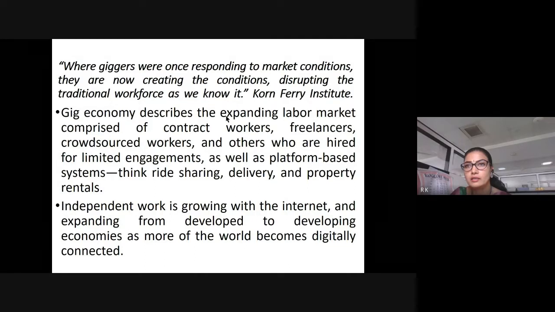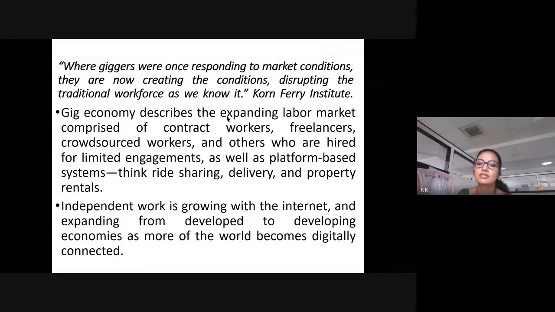And at the outset, what I wanted to share with you is the entry of the gig economy. You know that gig workers were earlier responding to market conditions, now they are creating the conditions. Earlier, when I used to order, how the product or service would be delivered was a different way, a different style, which is now disrupting the traditional workforce.